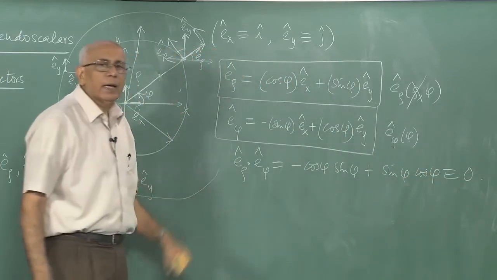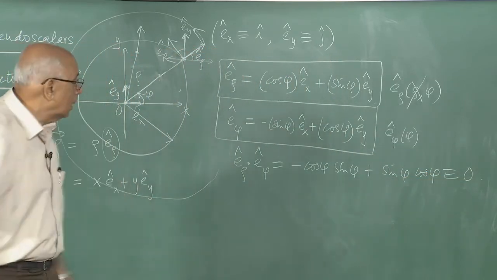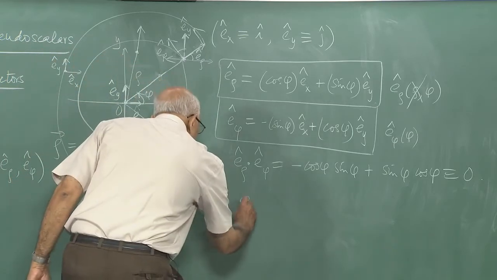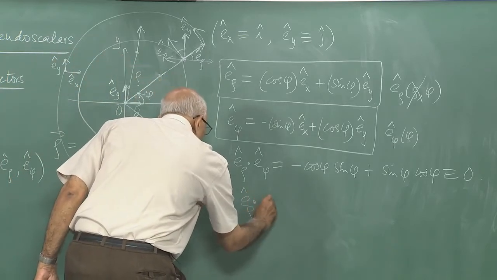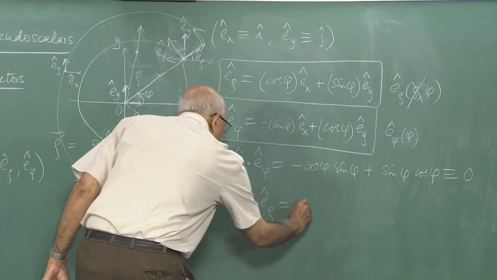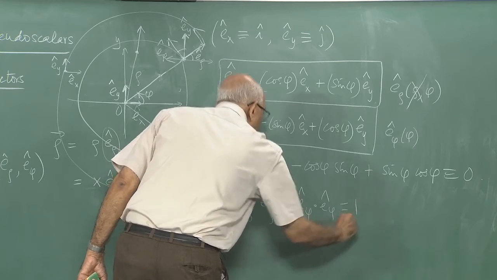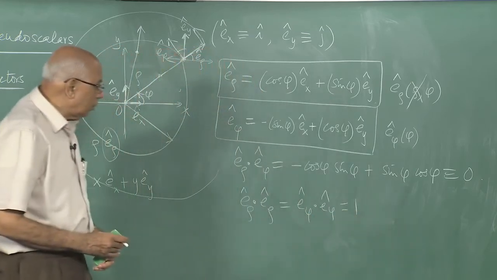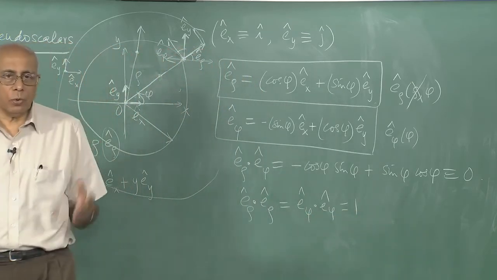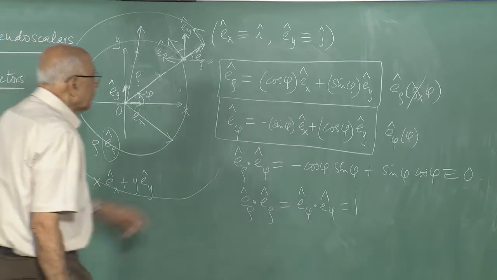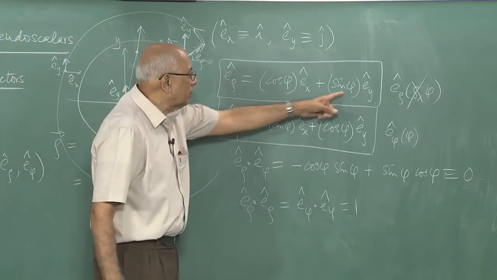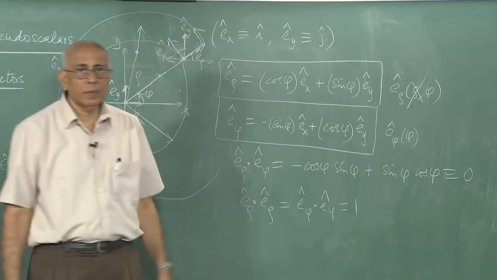So they are indeed at right angles to each other. And it is equally straightforward to see that E rho dot E rho equals E phi dot E phi equals 1. It has to be so, because the length of a unit vector is of course 1 by definition, and that follows from the fact that cos squared phi plus sin squared phi is 1 immediately.